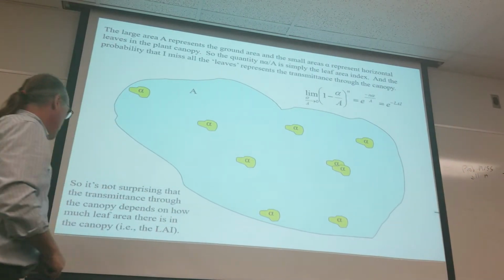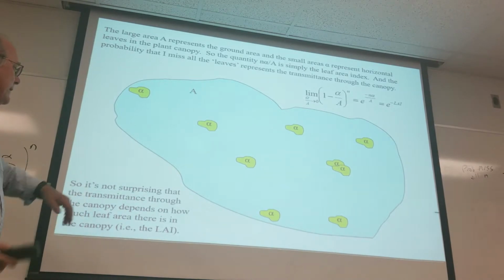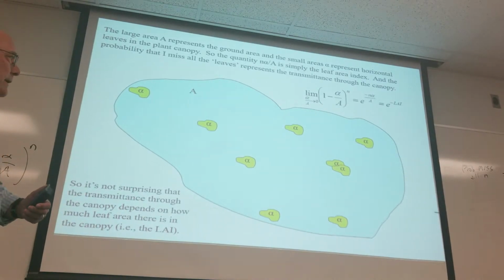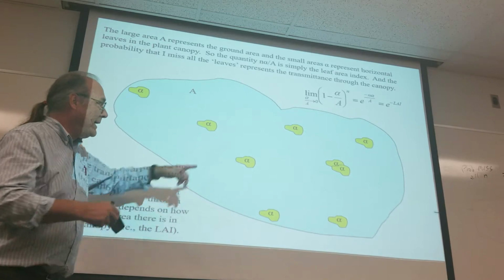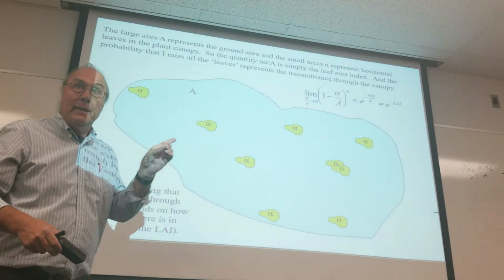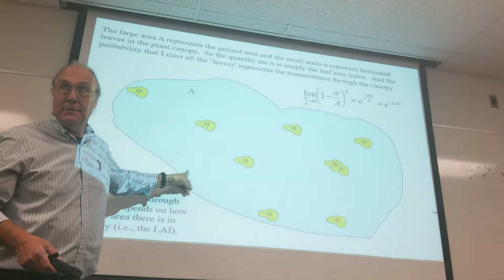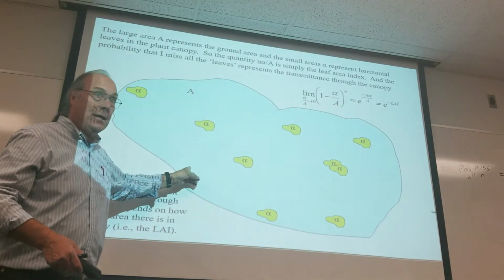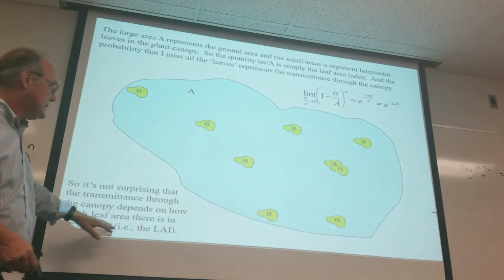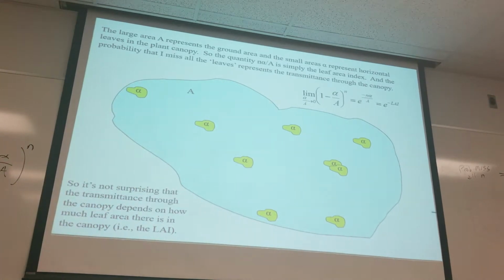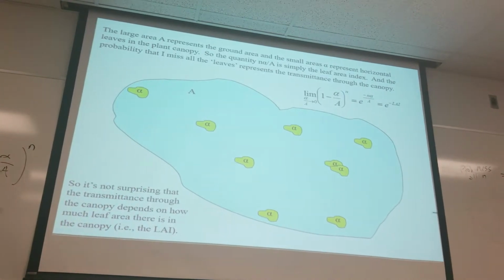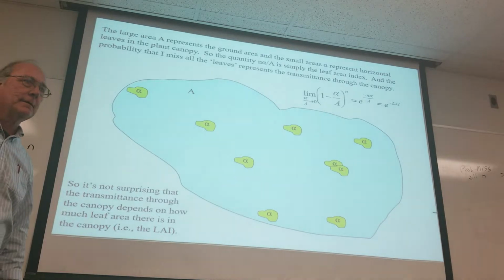All right. So it's not surprising that the transmission through the canopy, in other words, the probability that I miss hitting any of these leaves, the transmittance through the canopy, depends on how much leaf area is in the canopy. Right? That makes perfect sense.